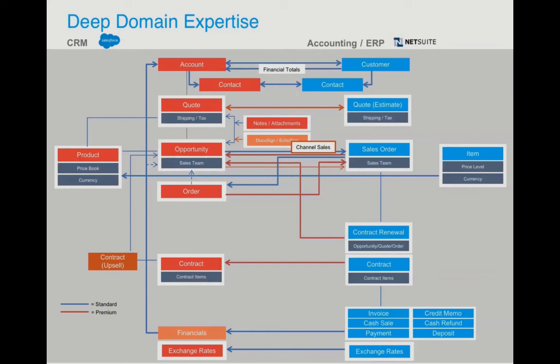It would have a reference to that original contract. He'd go ahead and add that one item, let's say, maybe it's one or more products, and go ahead and sync that over to a new sales order in NetSuite. And by reference of that existing contract, NetSuite automatically updates the existing contract and co-terms it so that the renewal, including now that new one or more items, will all renew at the same time.